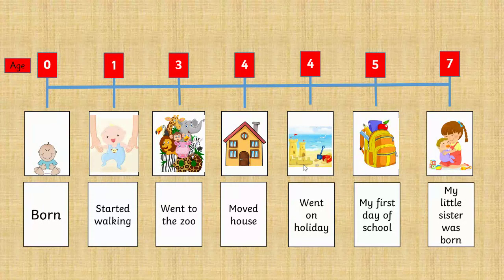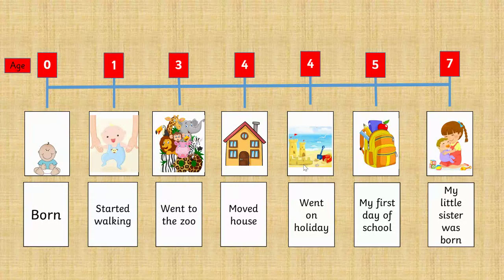So if we look at the red boxes, 0 was when I was a baby, 1 was when I started walking, 3 was when I went to the zoo, at the age of 4, I moved house. And at the age of 4 as well, but later on when I was 4, I went to the seaside. I started school at the age of 5. Can you see the number 5? And then lastly, age 7, my baby sister was born.